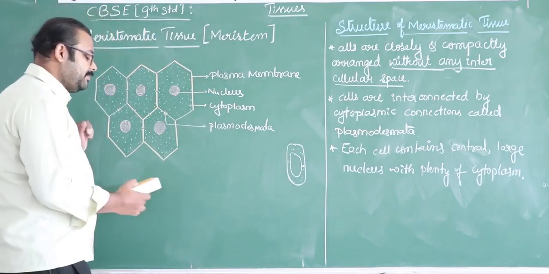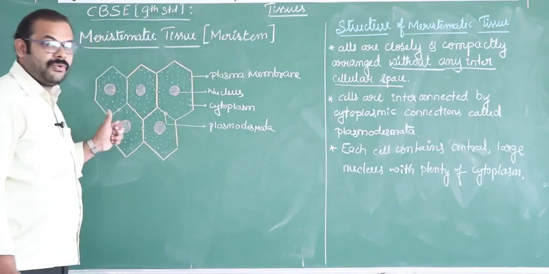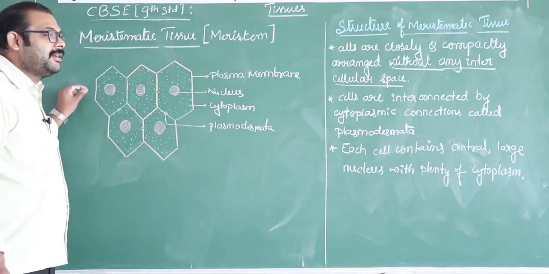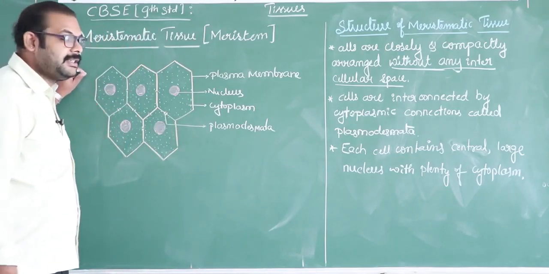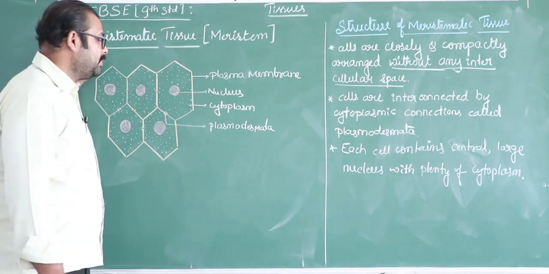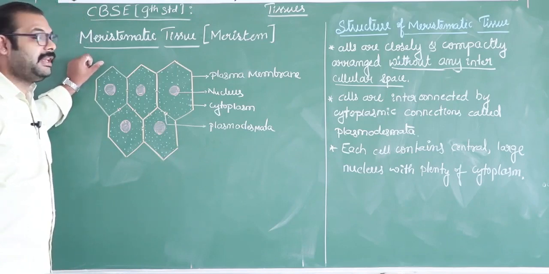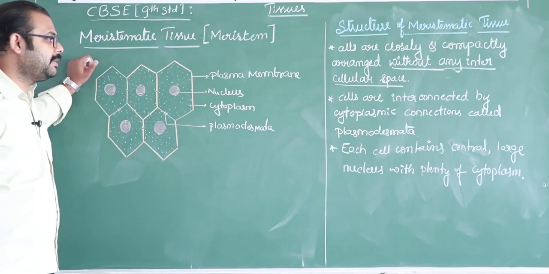But in the case of meristematic tissue, there are no vacuoles at all, because they undergo continuous dividing. They do not possess vacuoles. So the absence of vacuole is also one of the main characteristics of meristematic tissue.